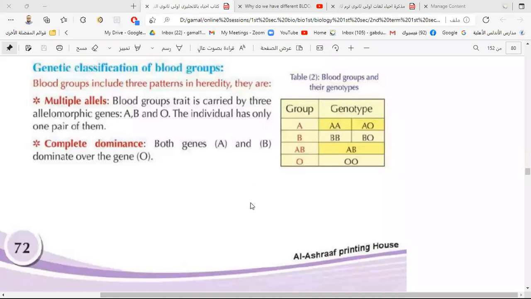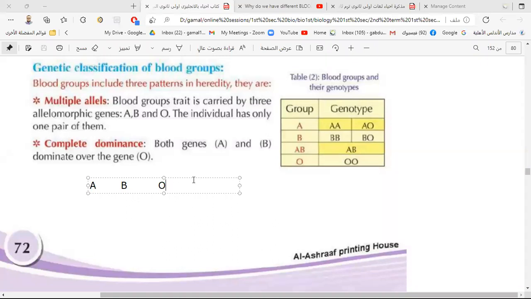In the blood group, we have 3 different genes. We have 4 blood groups and 3 genes. What are the 3 genes? The gene called A, the gene called B, and the gene called O. So we have 3 different alleles or 3 different genes.